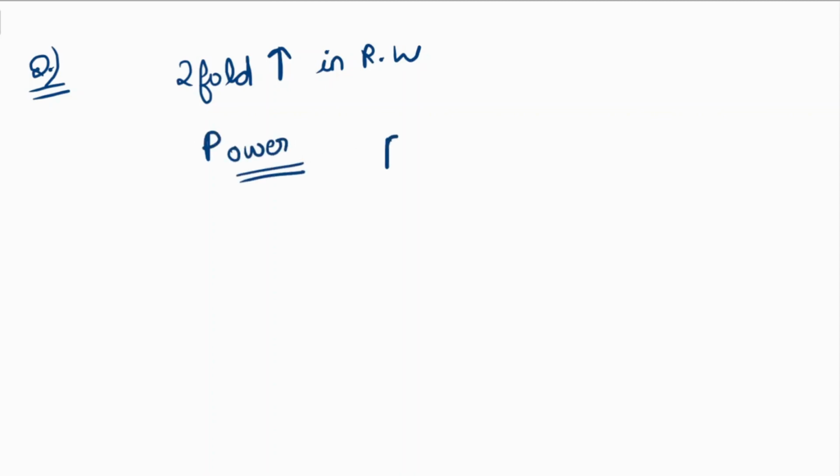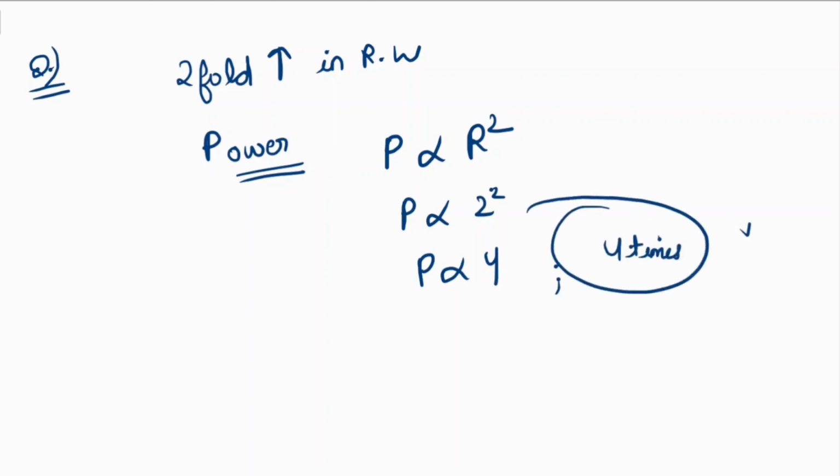You know power is directly proportional to (R plus L) whole square. Here only R is given, so we will take only R, so it will be 2 square. So power will increase by 4 times. This is a GATE 2 mark question of a previous year.